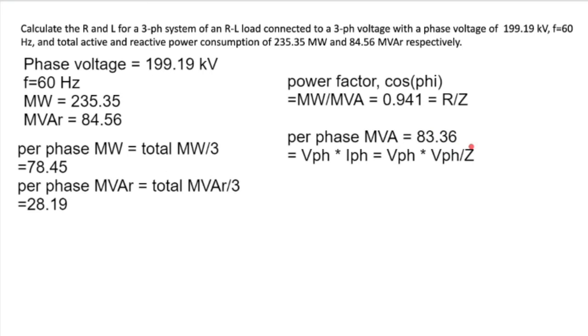So V phase we know 199.19 times V phase, the second V phase here, we know that 199.19, and Z we don't know. So from this equation, what is Z?